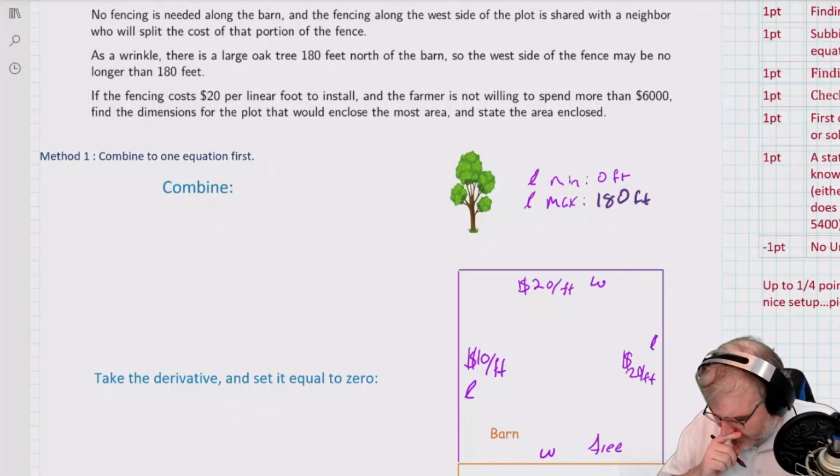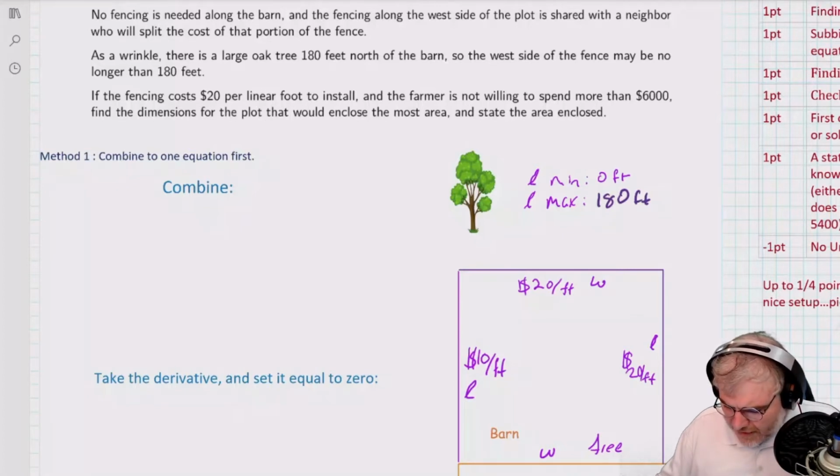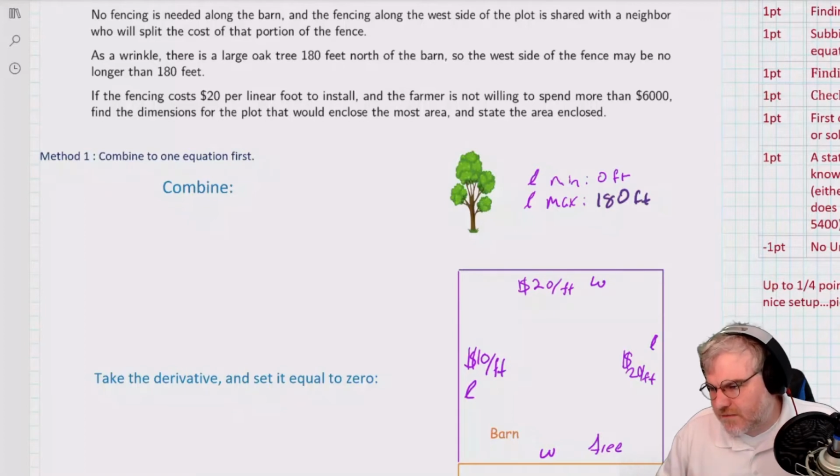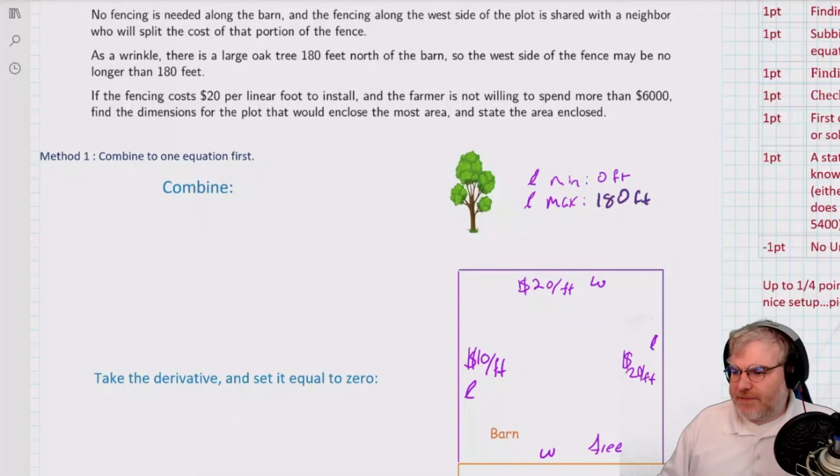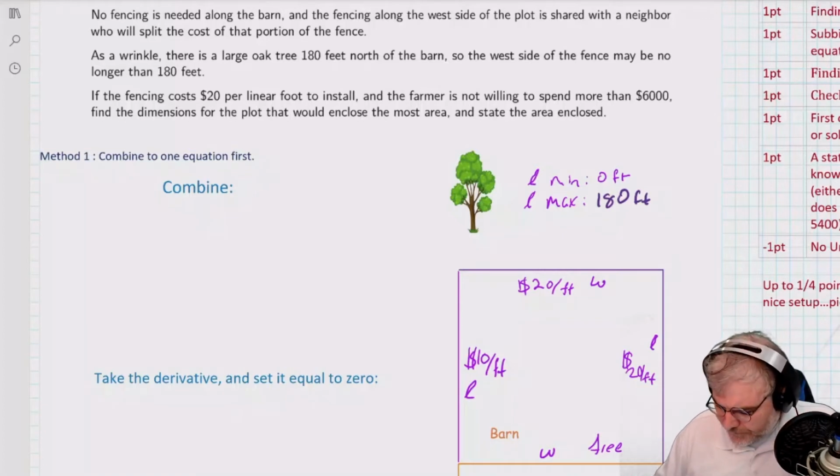And fencing costs $20 per linear foot to install. And the farmer wants to spend $6,000. What is the configuration? Find the dimensions and what's the biggest area. So what's the biggest area he can enclose for that $6,000? And what are the dimensions of the thing?